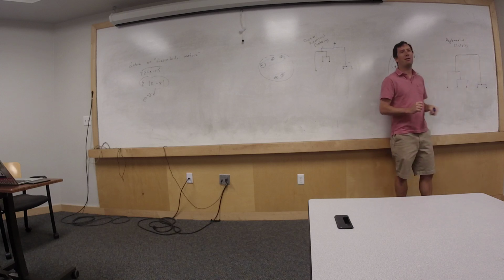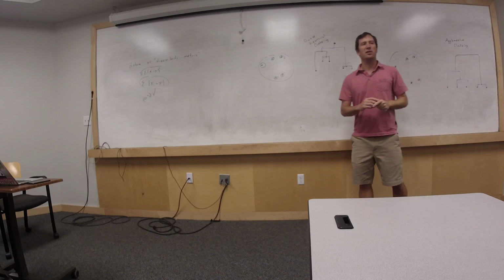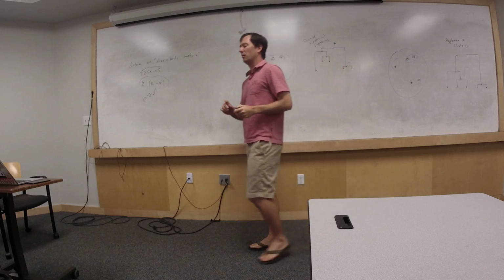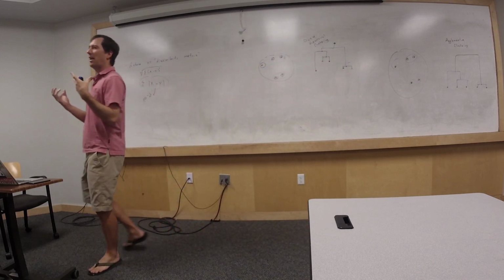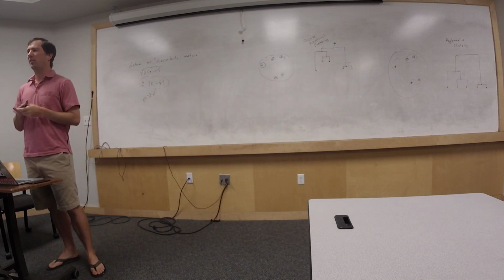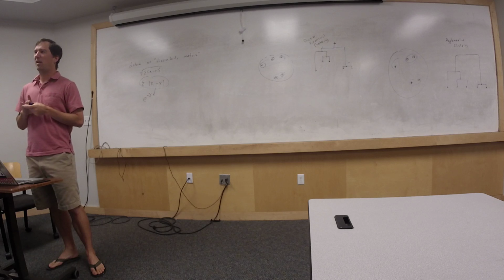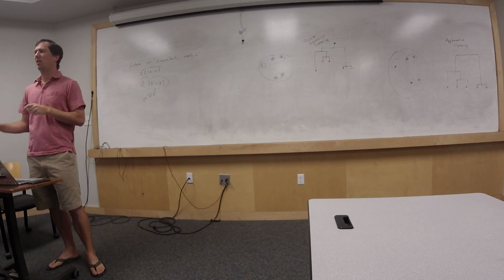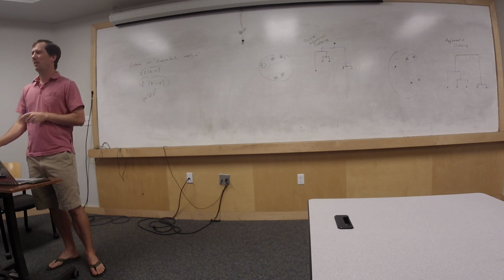Now I have clusters with multiple points in them. I need to somehow decide how close the clusters are together, and I'm no longer dealing with single points. So I somehow need to measure the distance between clusters. Any thoughts on how to do that?